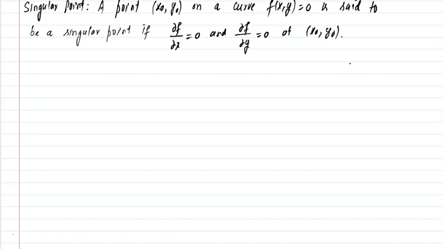So a point on a curve where both the partial derivatives become 0, we call that point a singular point. Now before taking any examples, we shall first classify some different kinds of singular points.